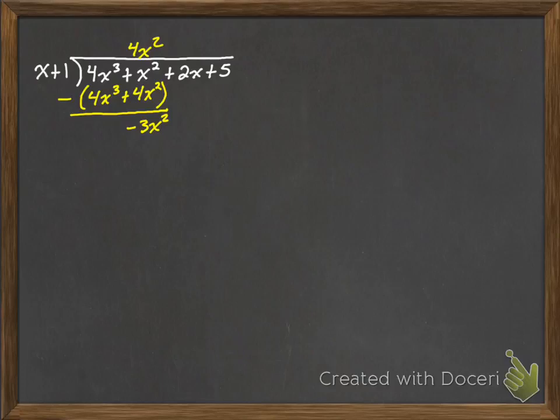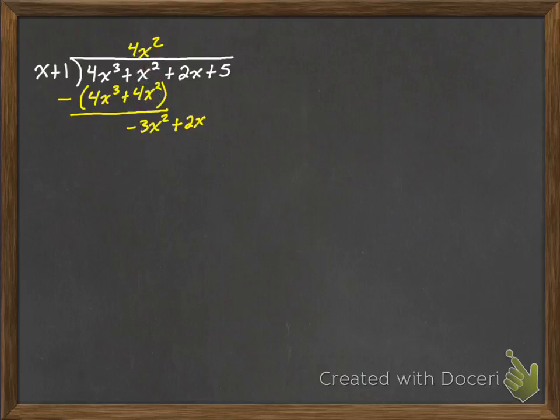After we have done this, your next step is to bring down the next term. The next term is a 2x, so we'll bring that straight down. Now we repeat the process over again and figure out x multiplied by what will give us this first term of negative 3x squared.